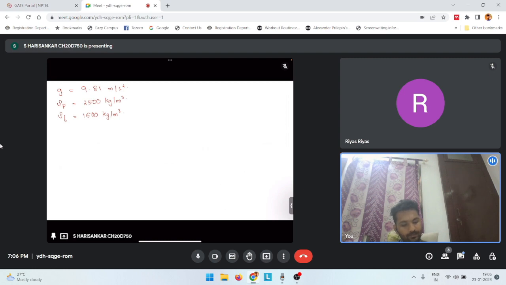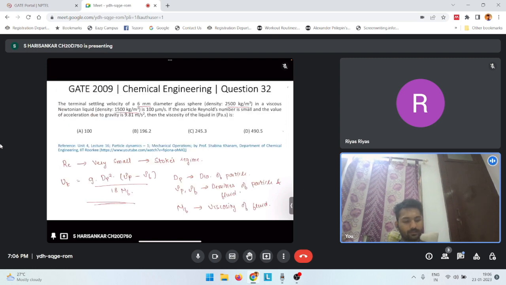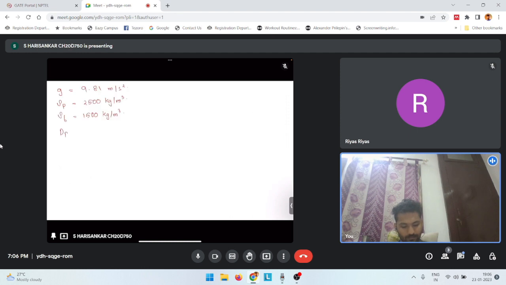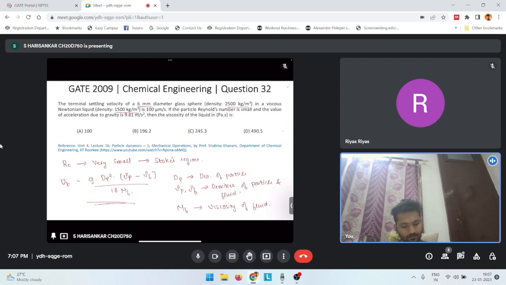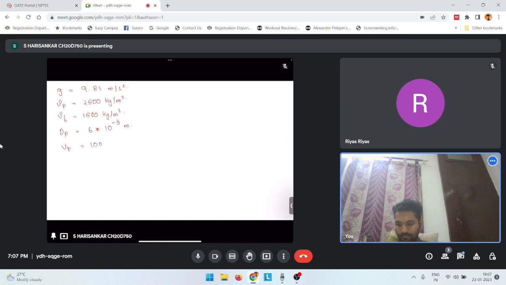The diameter is given as 6 mm, so dp is 6 into 10 raised to minus 3 meter. Also, the terminal settling velocity ut is given as 1000 micrometer per second, that is 1000 into 10 raised to minus 6 meter per second, or 10 raised to minus 3 meter per second.